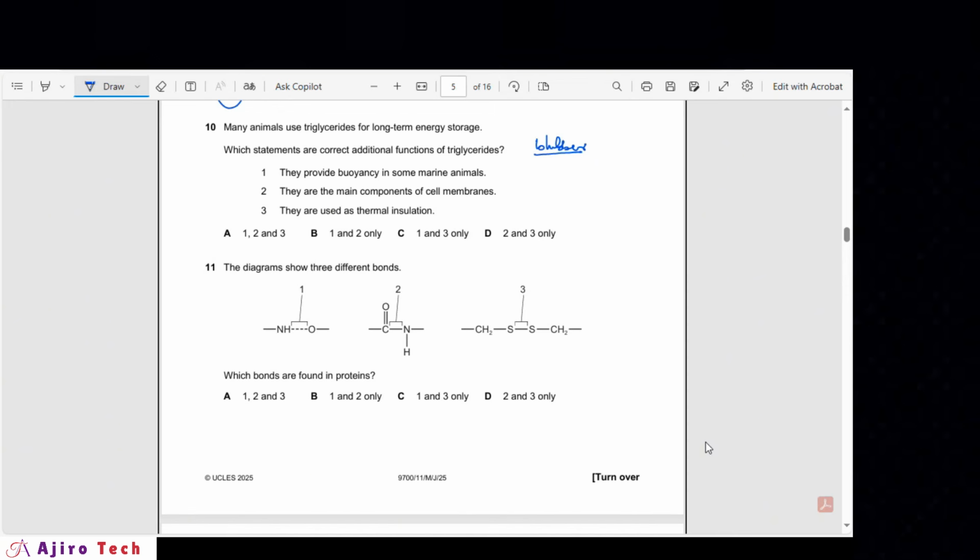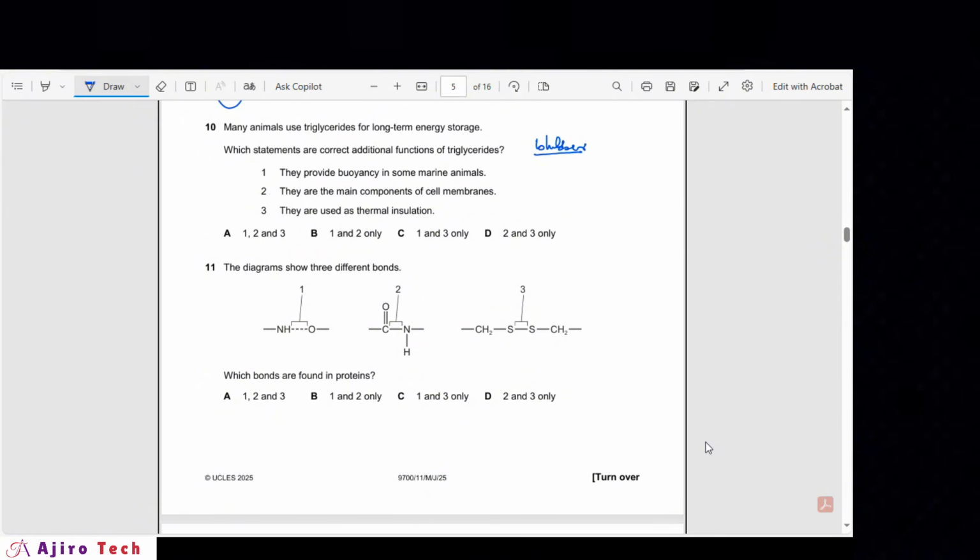Triglycerides are mainly for storage of energy. Phospholipids are the ones found in the membrane. Triglycerides do not have the structure that would enable them to function as a cell membrane component.